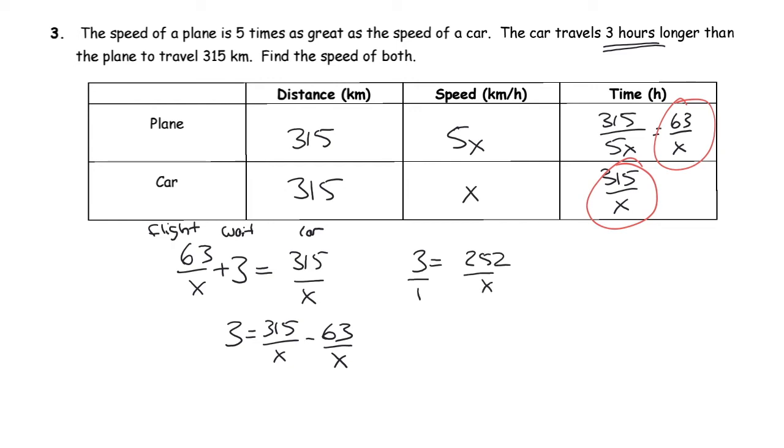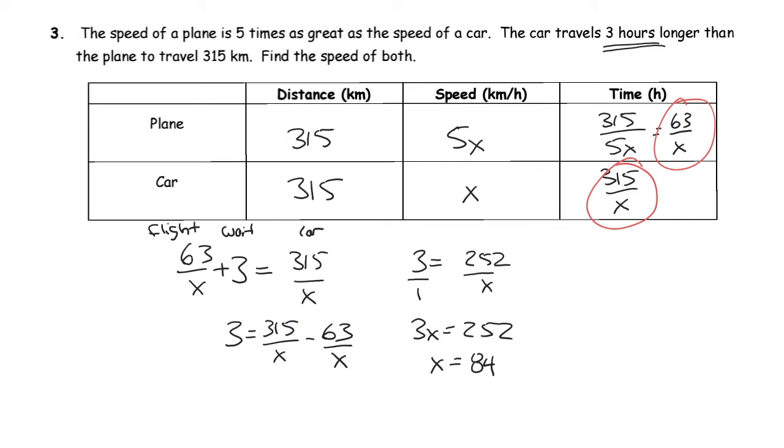I've basically got a proportion here because 3 can be written as a fraction, so I'm going to cross multiply. So 3x is equal to 1 times 252, which is just 252. And when I divide that by 3, I get 84. Now find the speed of both.